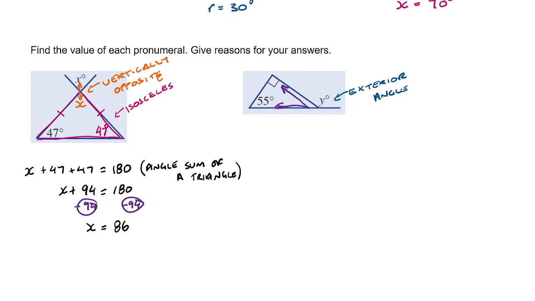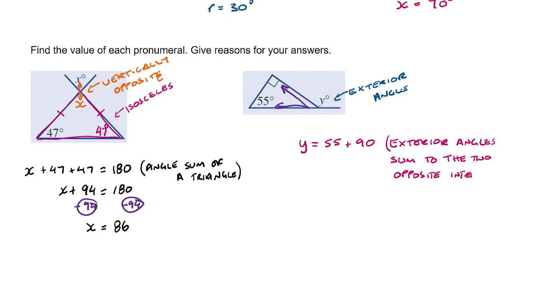So all we have to do now is go y equals 55 plus 90, and then write down the rule for the exterior angles, making sure that we specify that they are the interior angles.